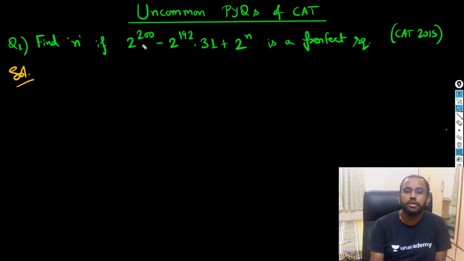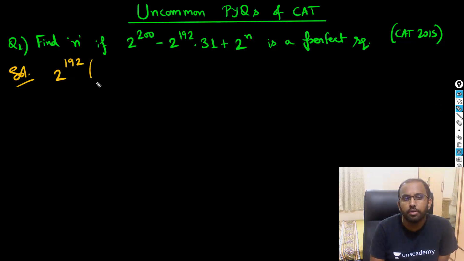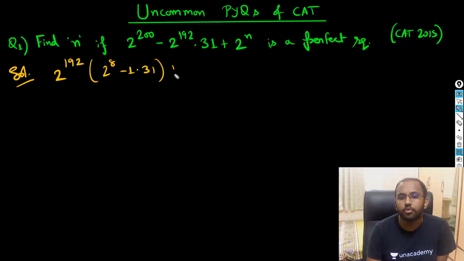See the approach. What you should have done in this question is take this common. From the first two terms I'll take 2 raised to 192 common. I'll get 2 raised to 8 minus 1, into 31, plus 2 raised to n.